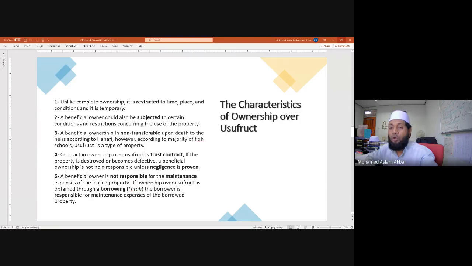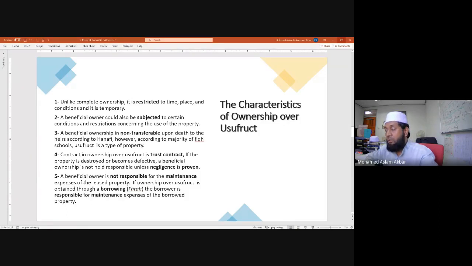So this is what we call borrowing. Again, in this condition, your friend becomes the beneficial owner. The only difference is that you are not charging him, but still your friend can become the beneficial owner. So these are the examples of ownership over usufruct.